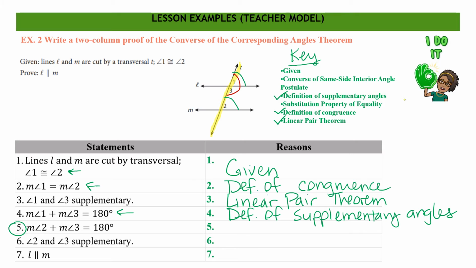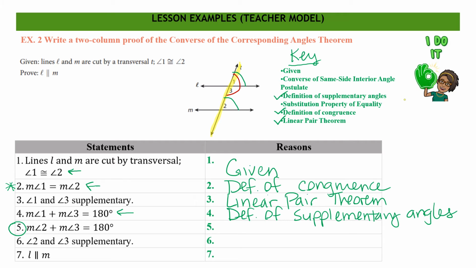Why would we be able to replace this one angle with another? Well, statement 2 tells us these two angles are in fact equal, so whether I have the measure of angle 1 in the equation for statement 4 or the measure of angle 2 in the equation for statement 5, both are equal to each other. That is the definition of congruence.